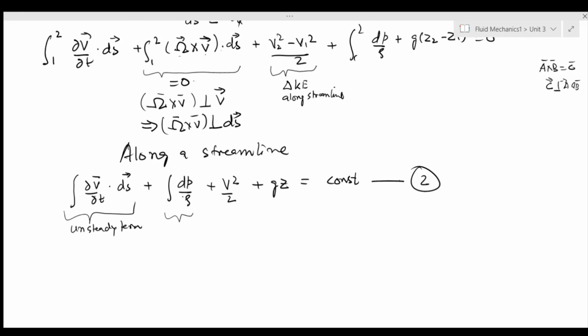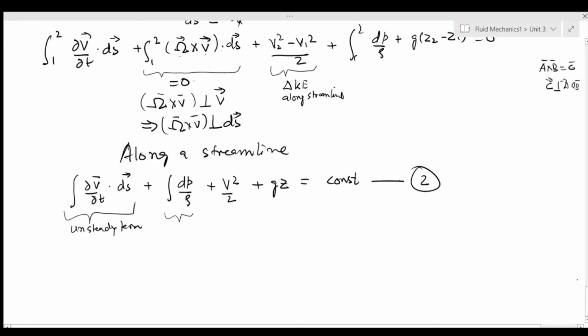It's not like that. The reality is that Bernoulli equation can be applied to unsteady and compressible flows also. So up till now, the assumptions which we have taken are that we have inviscid flow, that is the first assumption, and the second assumption is that we are moving along a streamline.